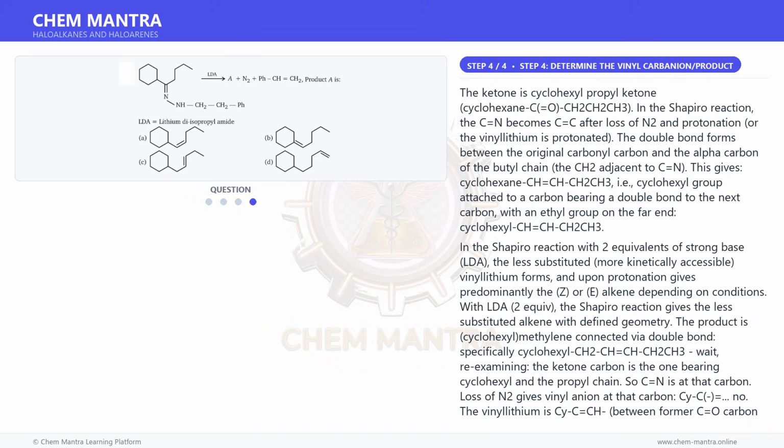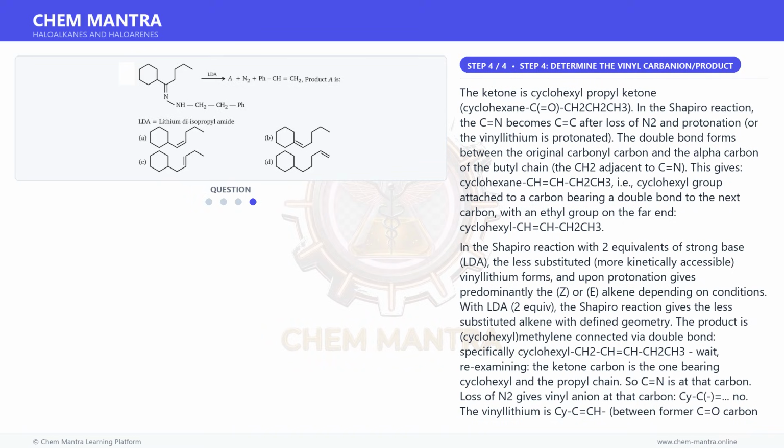The product is cyclohexane ring with substituent CH=CH, CH2CH3 attached via a CH2, matching option A, which shows cyclohexane CH2CH=CH, CH2CH3 with Z configuration. Option B shows an exocyclic double bond, butylidene directly on ring, which would arise from a different connectivity.